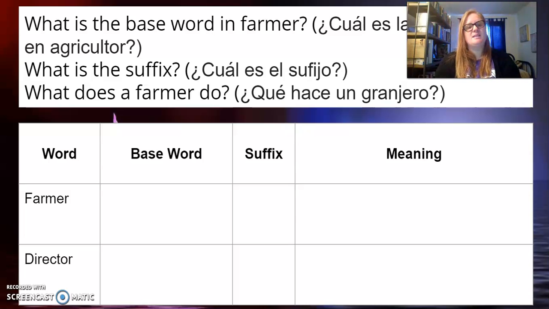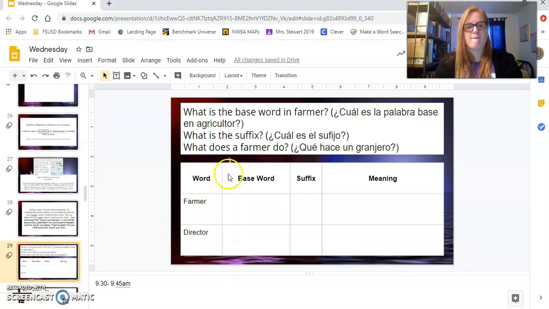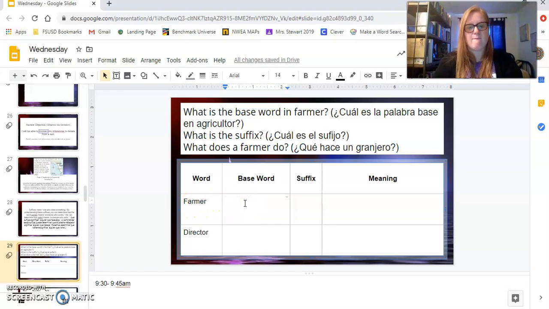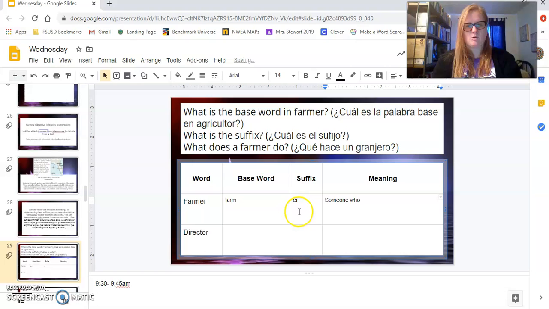So what is the base word in farmer? Farmer. Well, this is our suffix. It's going to be our ER. So the base word is going to be farm. Our suffix is ER. The meaning is someone who, and then I go back to that base word, farms.